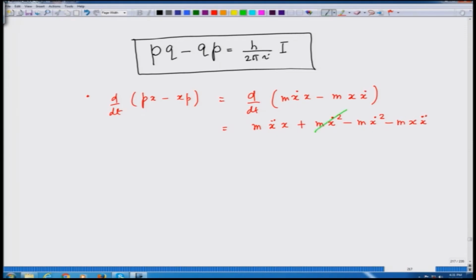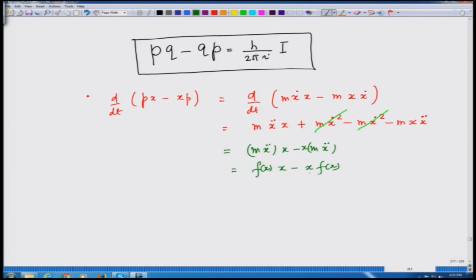These two terms cancel and I get this equal to m x double dot x minus m x double dot x from the left hand side. Notice that I am being very careful in writing the order, and this is nothing but the force x minus x force.